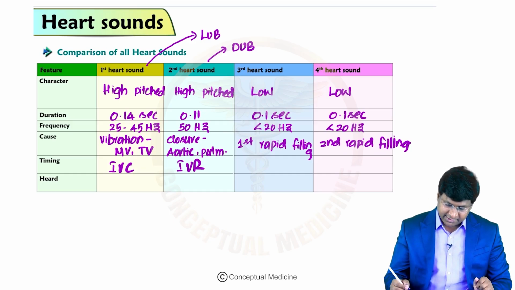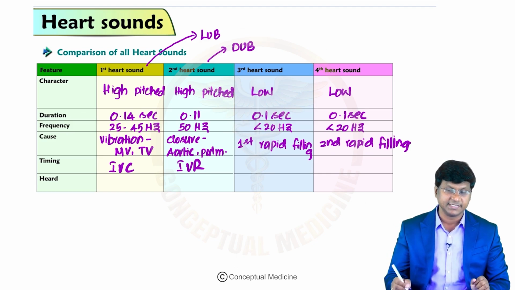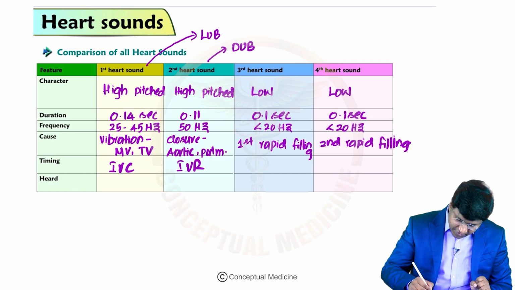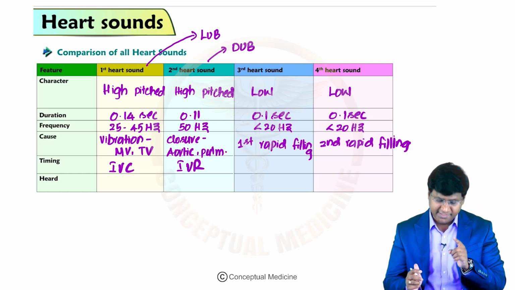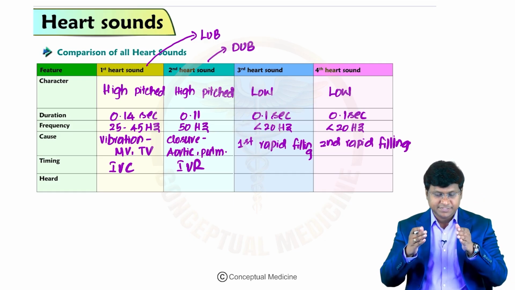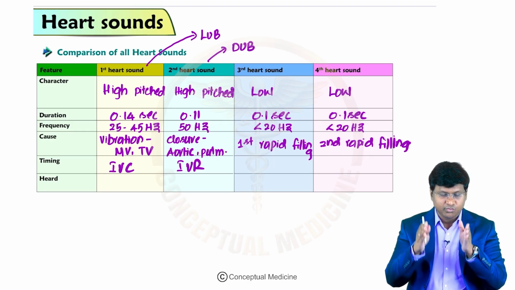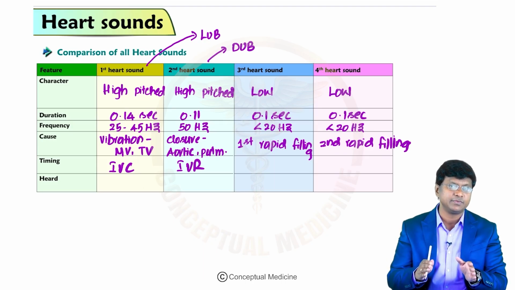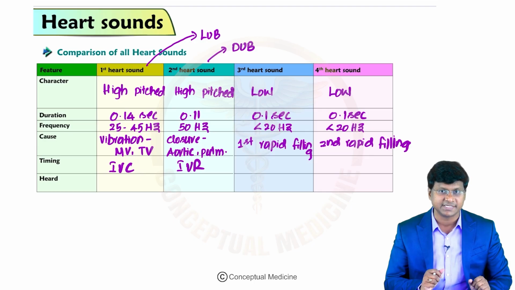And the third heart sound is at the beginning of the middle third of diastole, that is in the first rapid filling. Actually, the cause is also the same. When the mitral valve and tricuspid valve open, the blood from the atria will gush into the ventricle and hit the ventricle, and thereby you will listen to a sound that is called the S3.